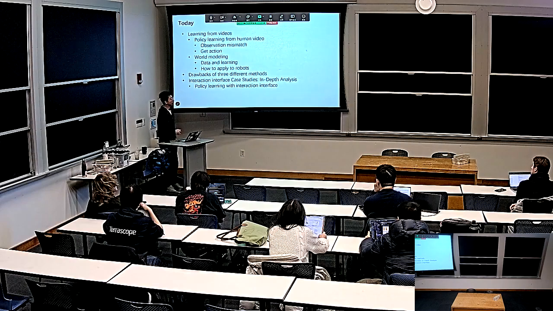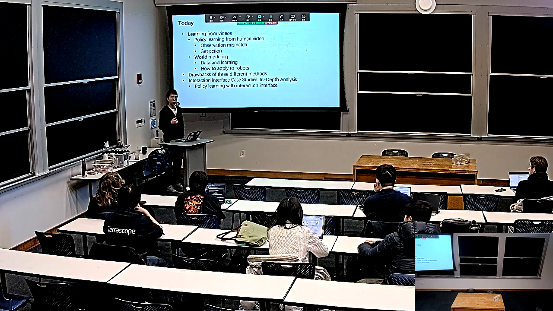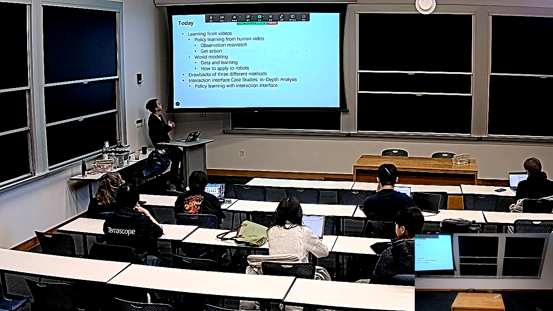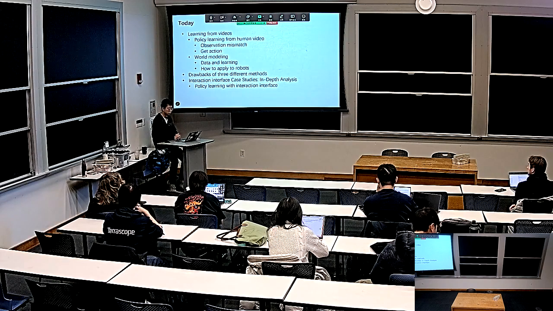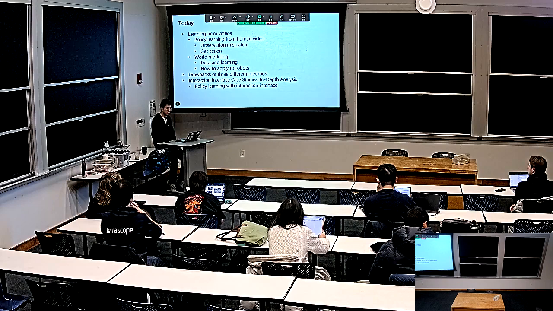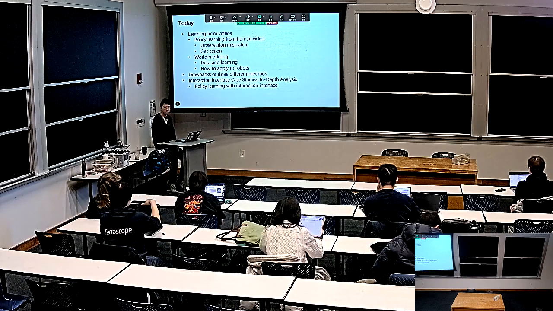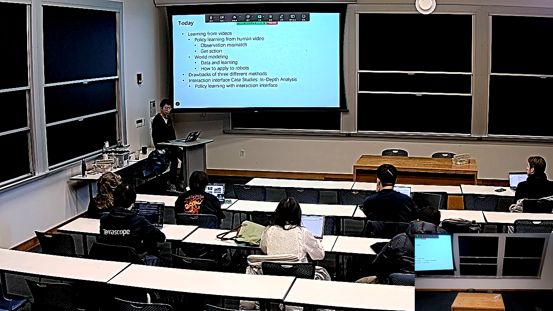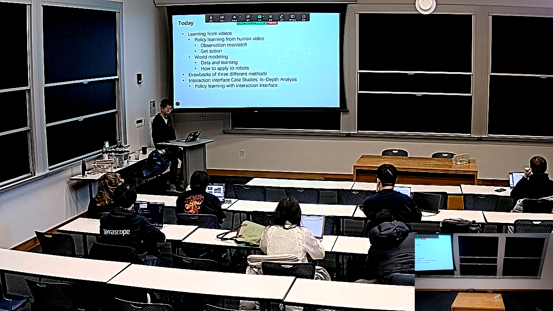And here is an outline for what we're going to cover today. First, we're going to talk about learning from videos. In this section, there are 2 parts, namely how we're going to learn a policy from human video, where we'll cover the observation mismatch issue and also the action mismatch issue.